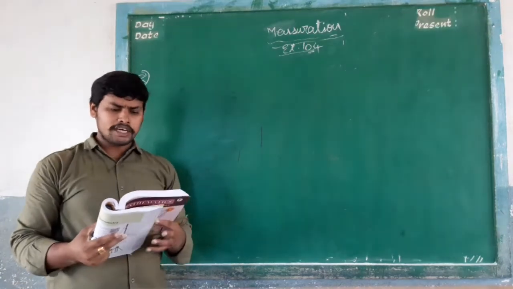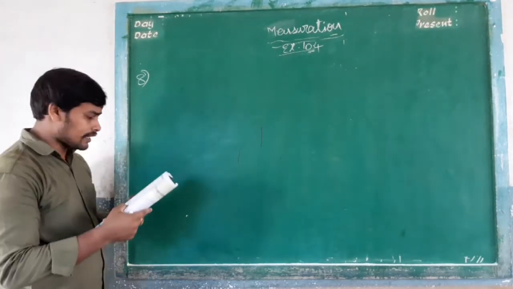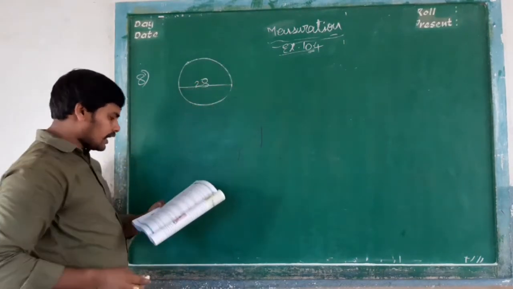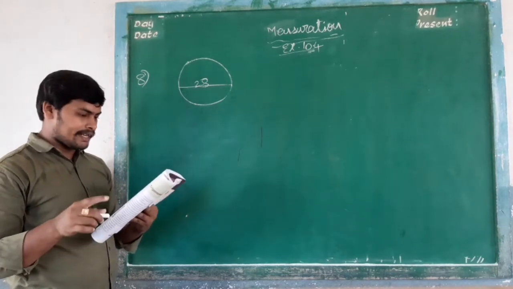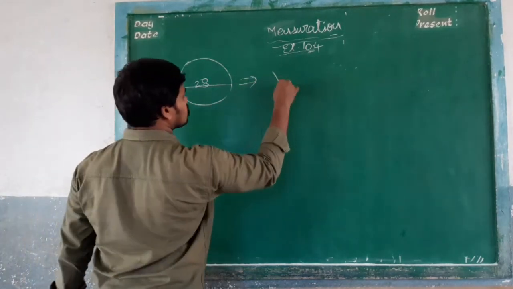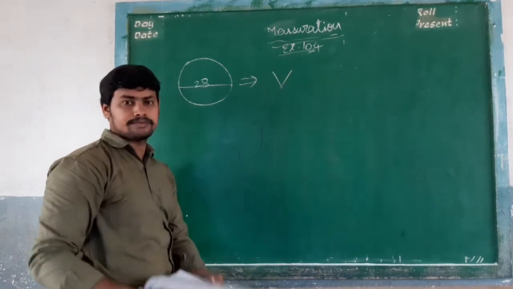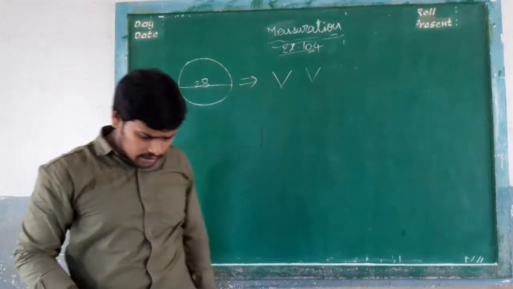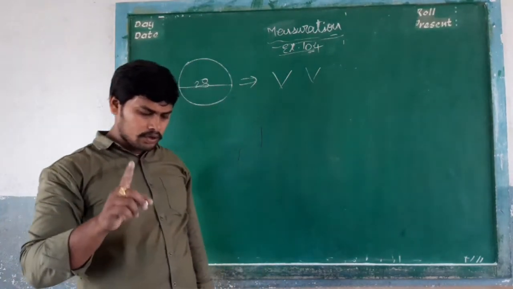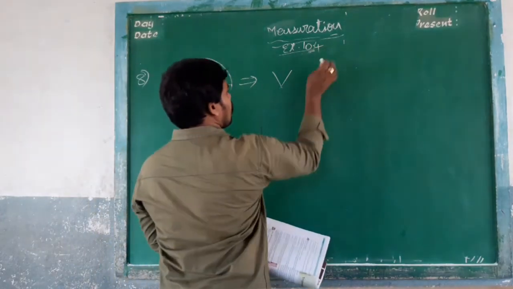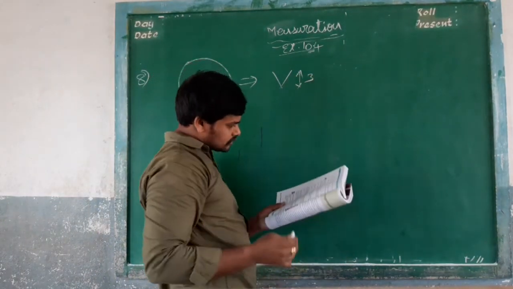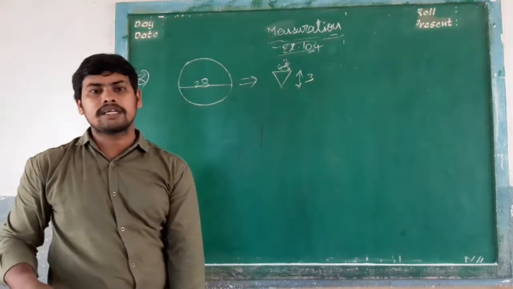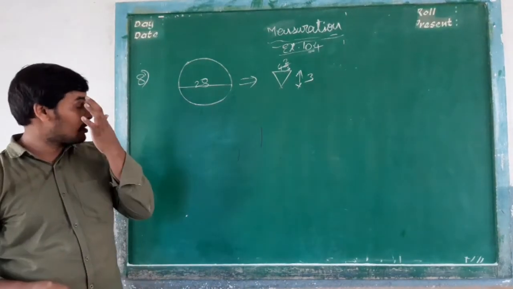A solid metallic sphere of diameter 28 centimeters is melted and recast into smaller cones. The height of each cone is 3 centimeters and the diameter is 4 2/3.